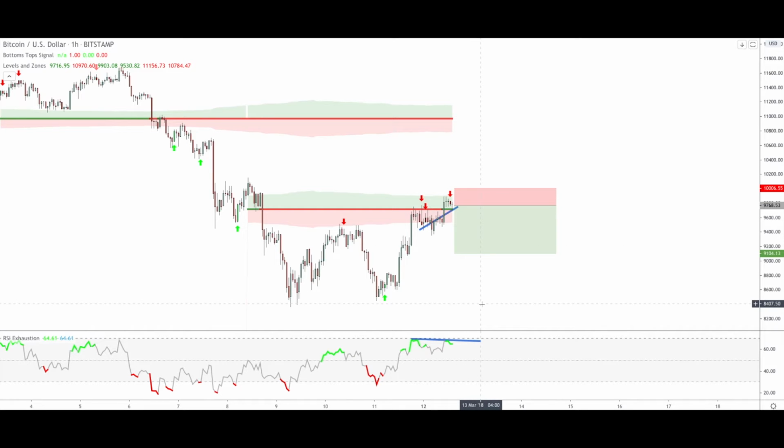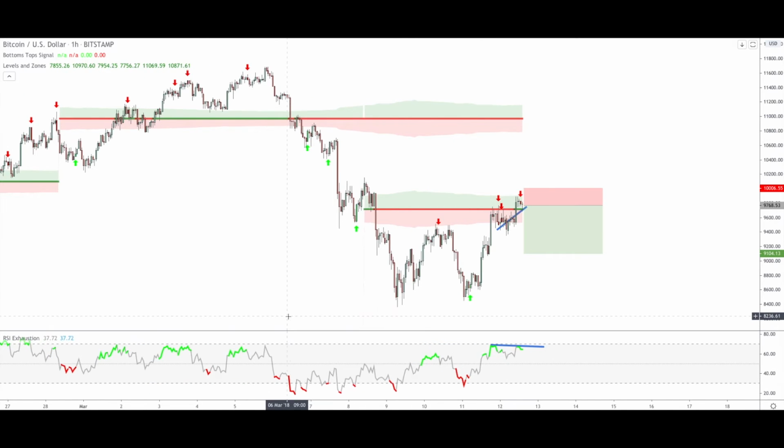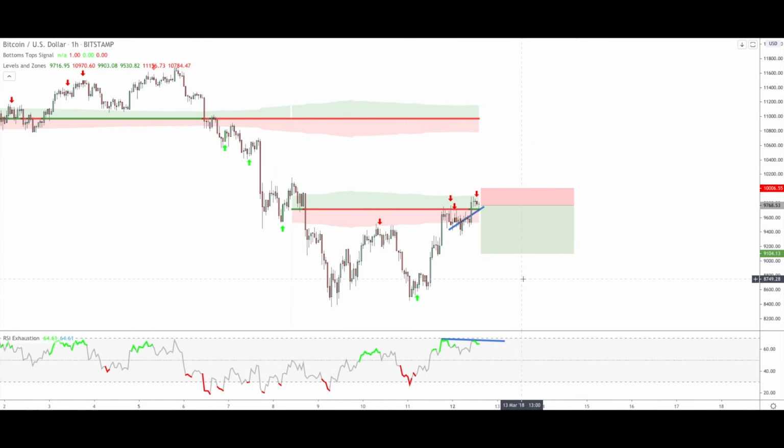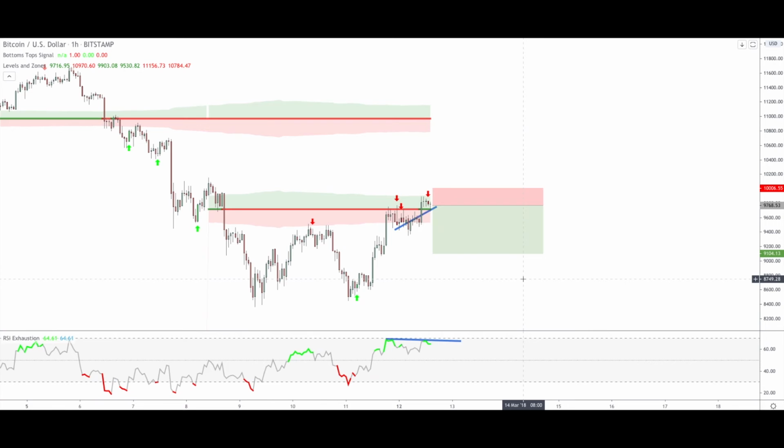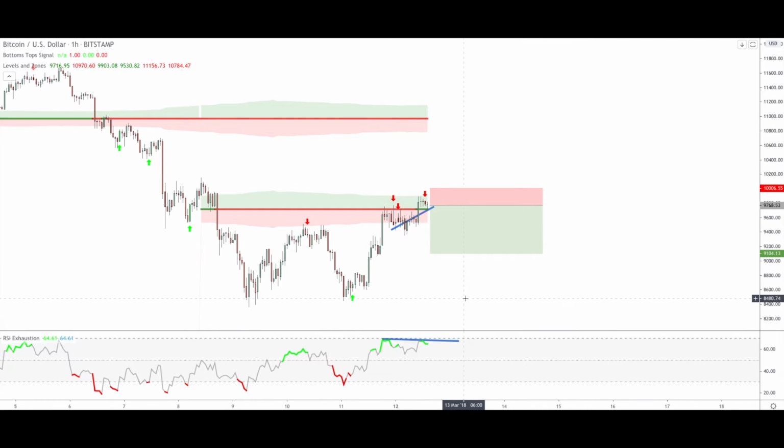Regarding the target, it's hard to tell because we don't have any structure down here previously. So even if I go back in time, the most conservative target will be this one. This level down here, you see, because we have a bottom here and another bottom here.